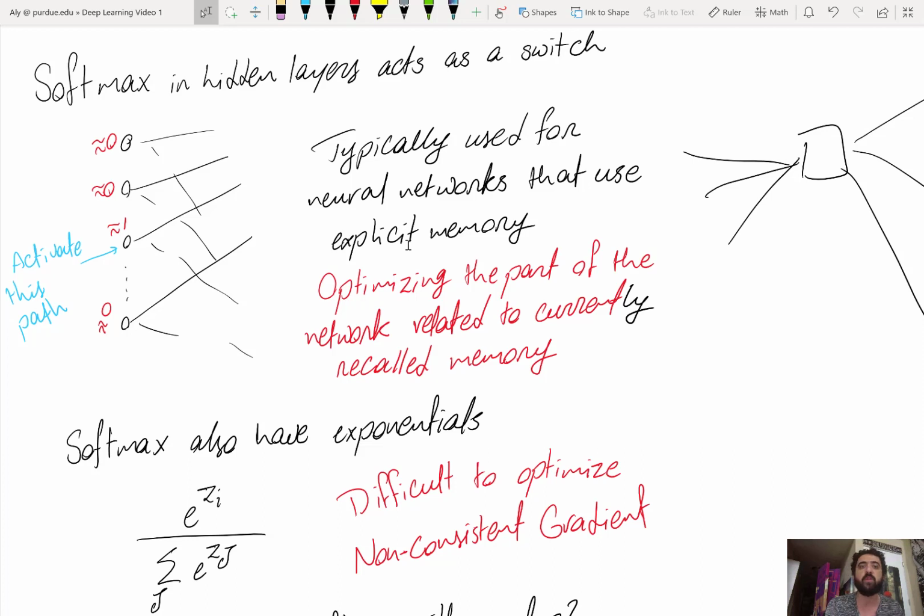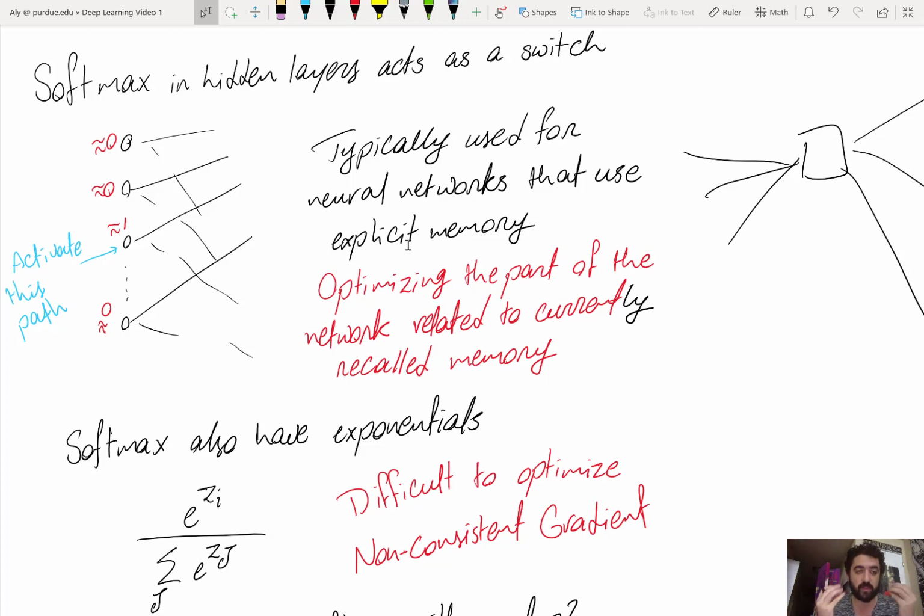A normal or typical neural network, like a convolutional neural network or any of the common ones, has implicit memory. Even the ones that are recurrent, like LSTM, long short-term memory networks, which we will discuss later, have implicit memory. It's not explicit.